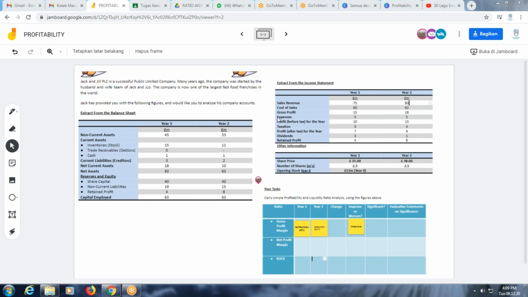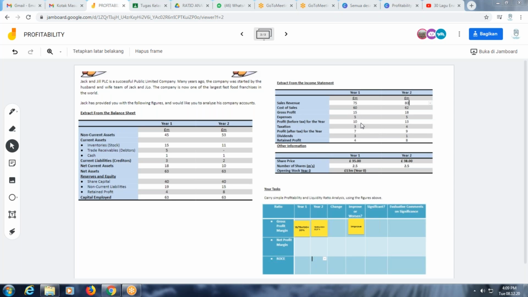Net profit is from gross profit minus expenses.